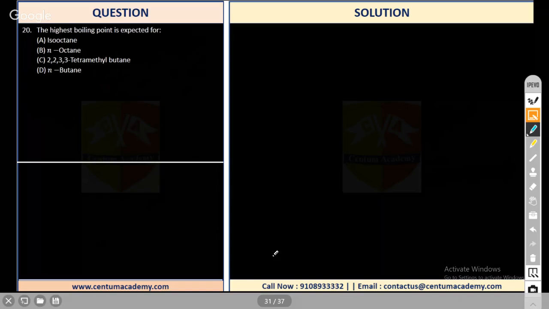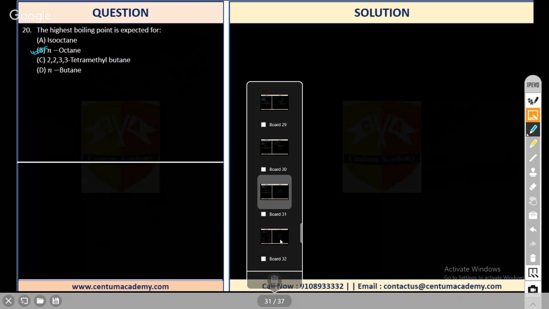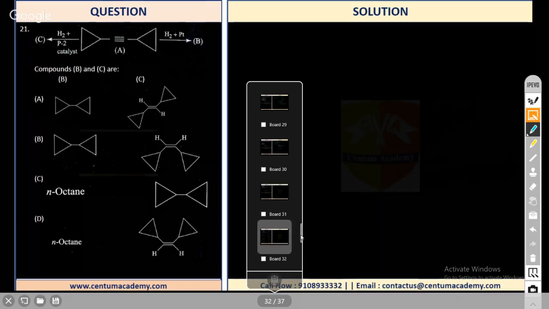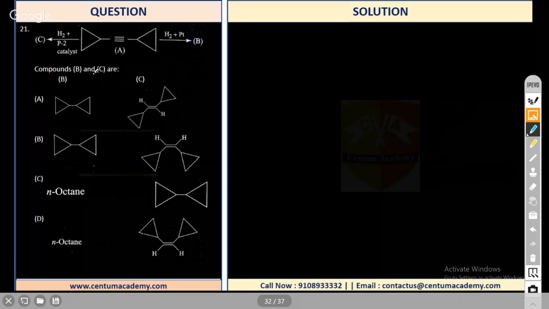All the molecules you see have only 8 carbon atoms, except this N-butane. Obviously, as the molecular mass increases, boiling point increases, and when branching increases, boiling point decreases. So with these two logics, option B is correct, N-octane. Okay. Next, this one.